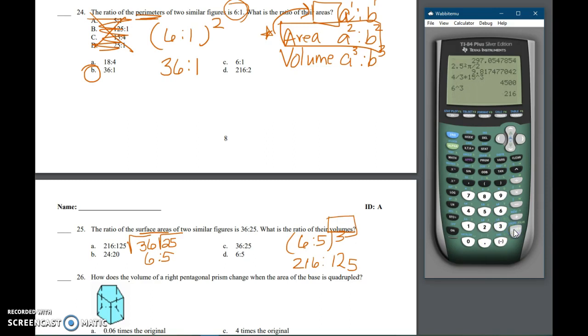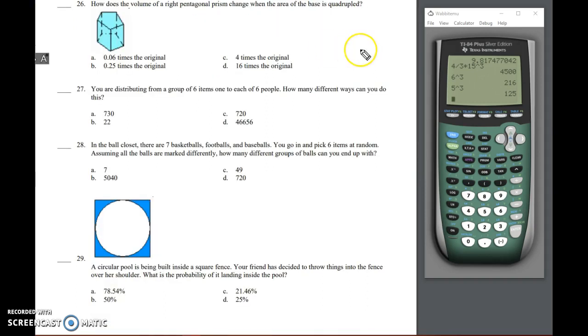That's 216, and I can do 5 to the third power. There's 125. Okay, so the volumes are going to be 216 to 125. Okay, I'm going to pause the video to move it up.